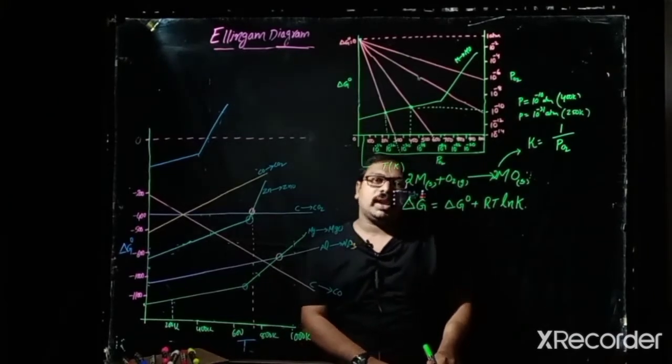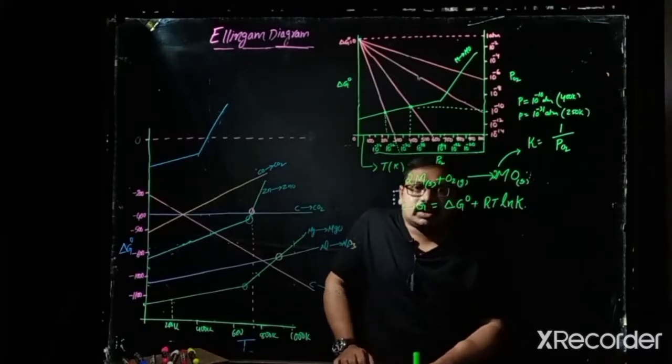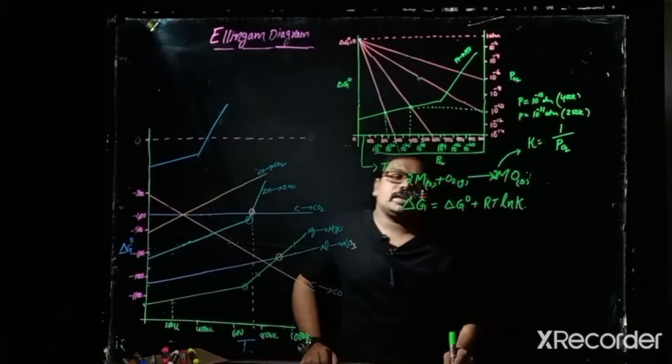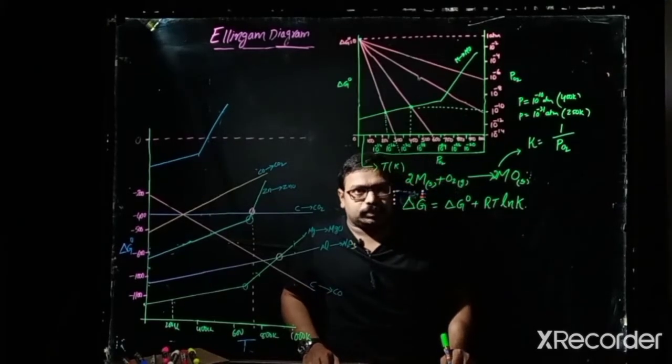After finding the equilibrium partial pressure of oxygen, now we have to calculate the standard Gibbs free energy.